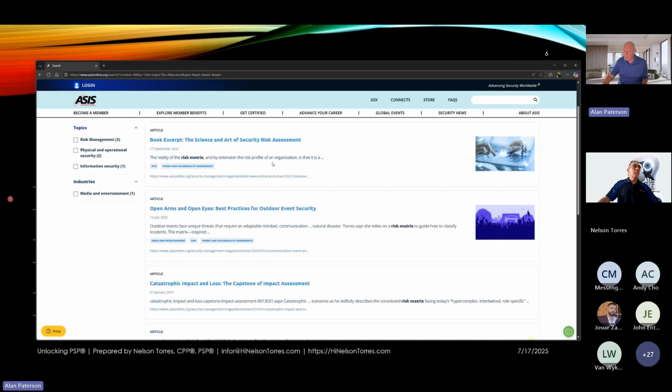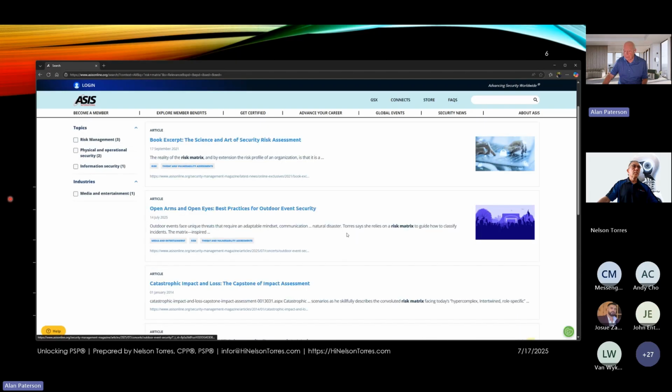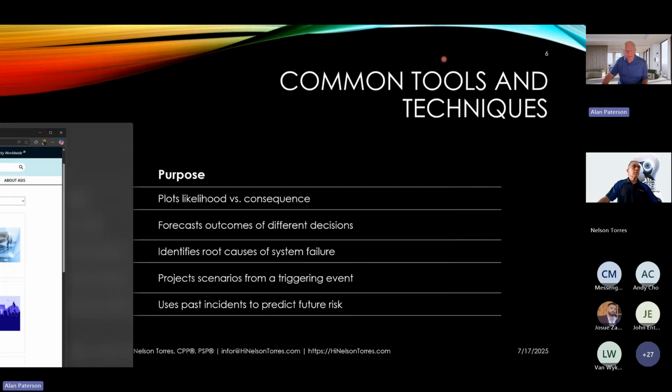And there's just a few articles, but very good. So the people explain their risk matrices through these various articles. So they're very, very good. And I would highly recommend you sign up on the ASIS website if you're not already, and then anything you're not sure of, just do a search in the search box up top. It's quite useful.